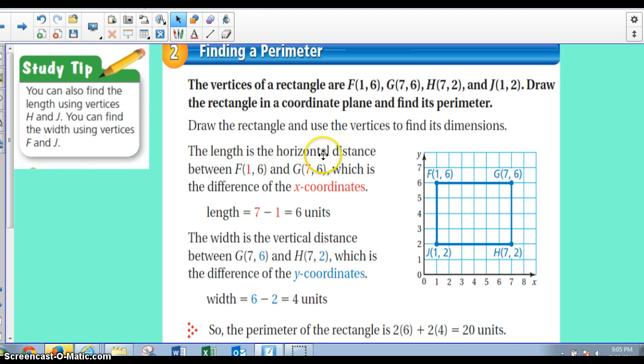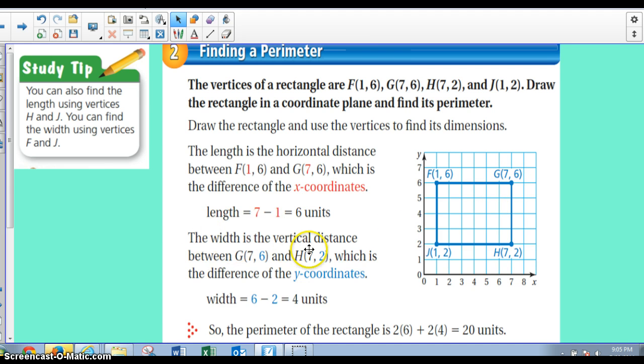The length is the horizontal distance between F and G. You take F's 1 and G's 7, and the difference between the two gives you the horizontal difference on the x-axis. Going across, you have 1 and you have 7. Those are your x numbers. 7 minus 1 is 6. So the answer here is 6.